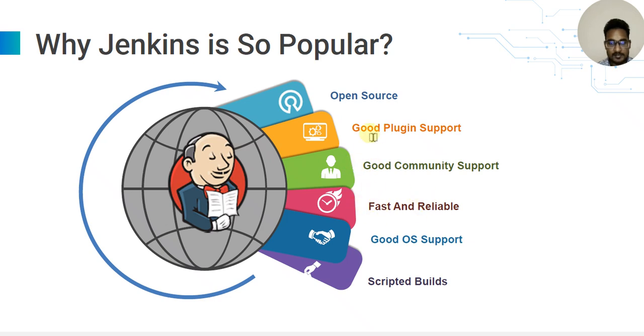And plugin support is fast and reliable. Good OS support, OS पर भी सपोर्ट करता है. एंड स्क्रिप्टेड बिल्ड, स्क्रिप्ट हम बिल्ड कर सकते हैं. तो why Jenkins is popular? Open source, good plugin support, good community support, fast and reliable, good OS support, scripted builds.